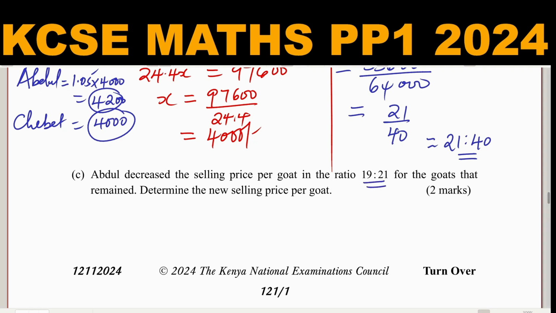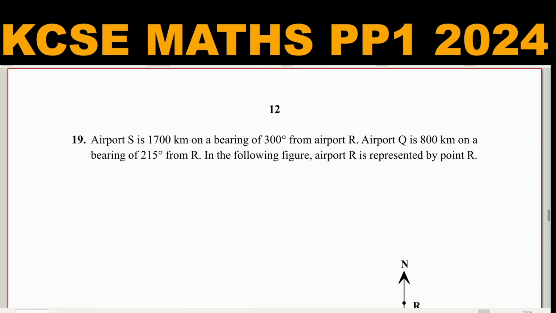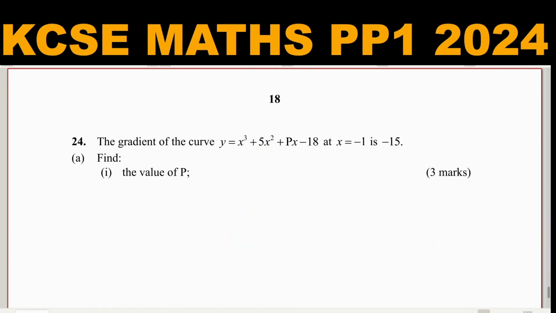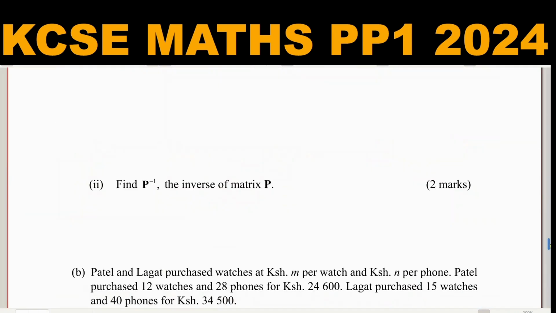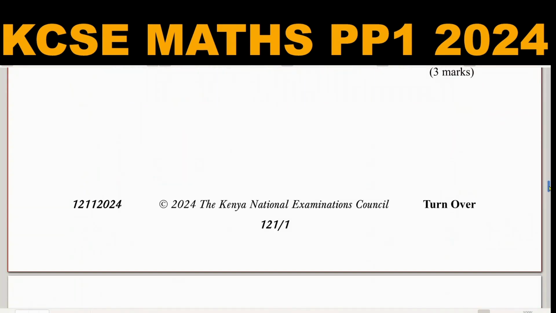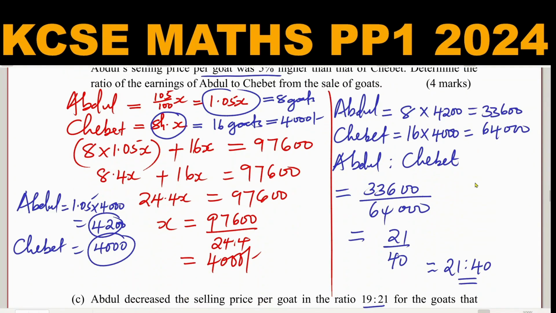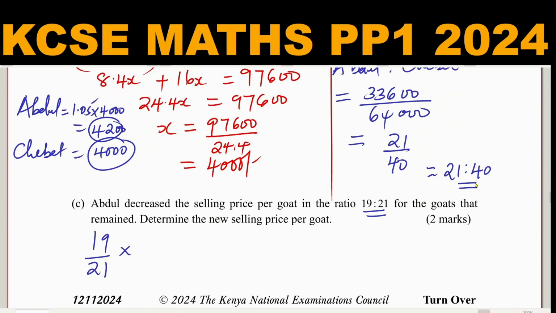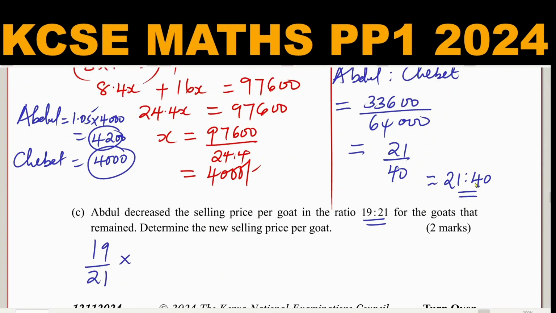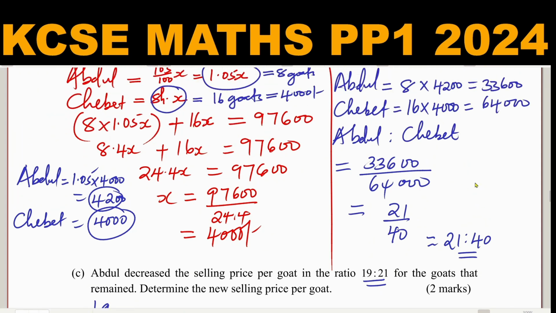So we simply need to take 19 is to 21, then we multiply by the selling price. Abdul's selling price was, let me go back to the question. So Abdul's selling price was 4,200.